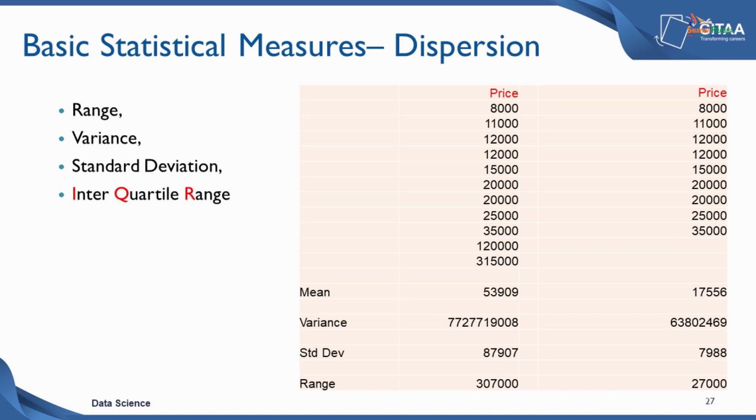We will look at the formula in the next slide, but the simple idea is, if the average turns out to be 53,909, then it's 53,909 minus 8,000. That's the distance this data point is away from the mean. Square it, keep it, do this for every single point, add up the whole thing and divide it by n minus 1. That gives you the variance.